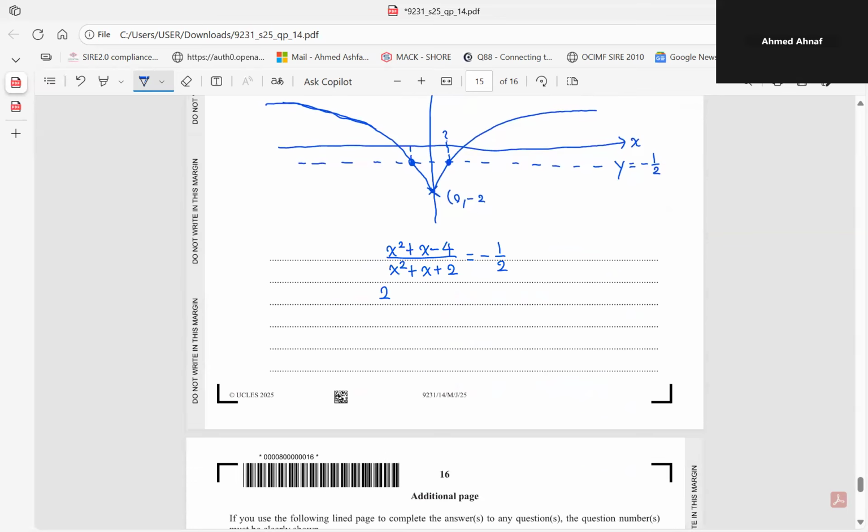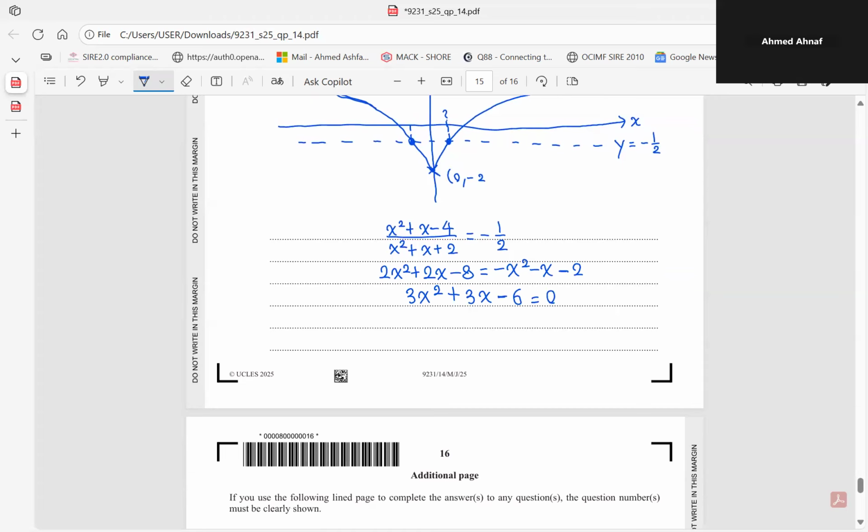Cross multiplying, you get 2x squared plus 2x minus 8 equals minus x times minus x minus 2. Move everything to the left-hand side, you get 3x squared plus 3x minus 6 equals 0.